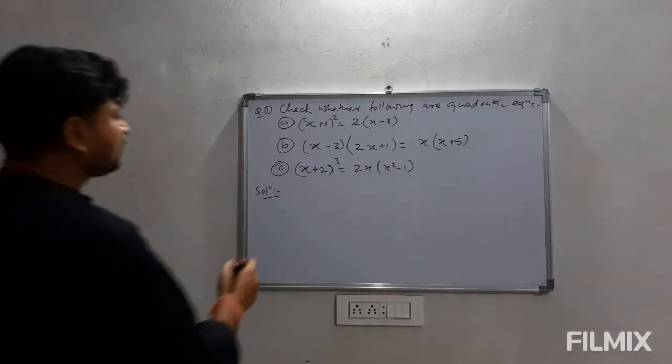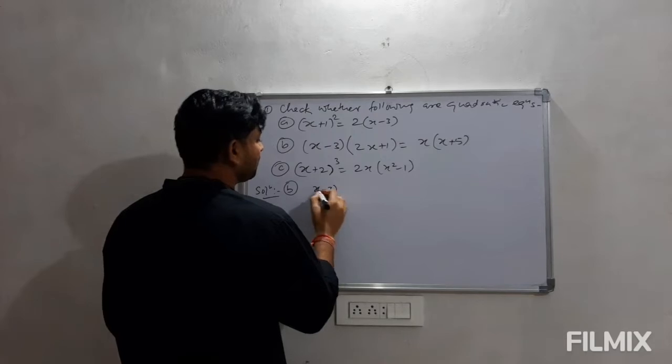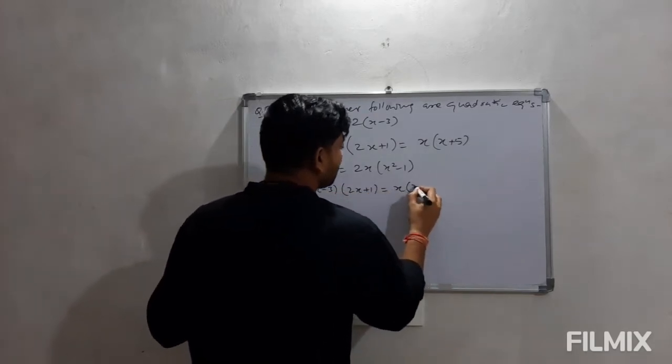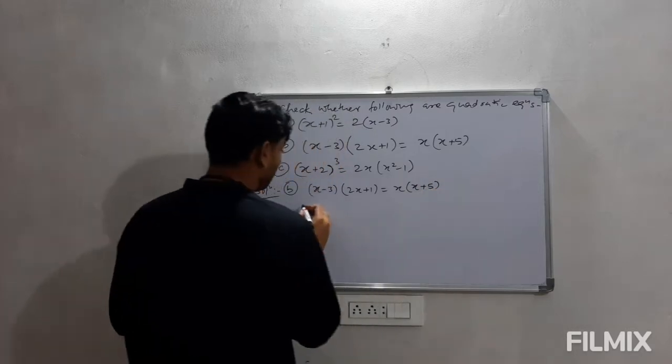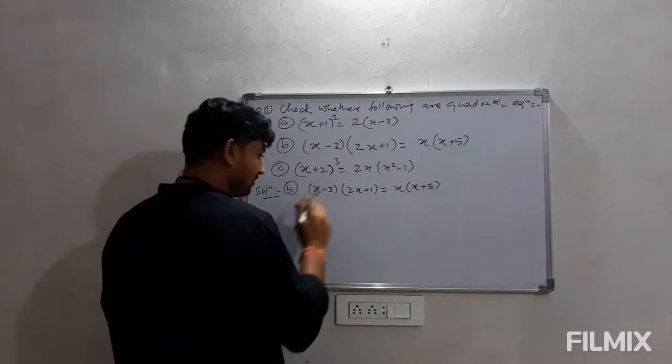So now let us come to the second part, that is second question B here. So x minus 3 is multiplied with 2x plus 1, that is equal to x into x plus 5. So here we have to multiply these two terms in LHS and RHS.